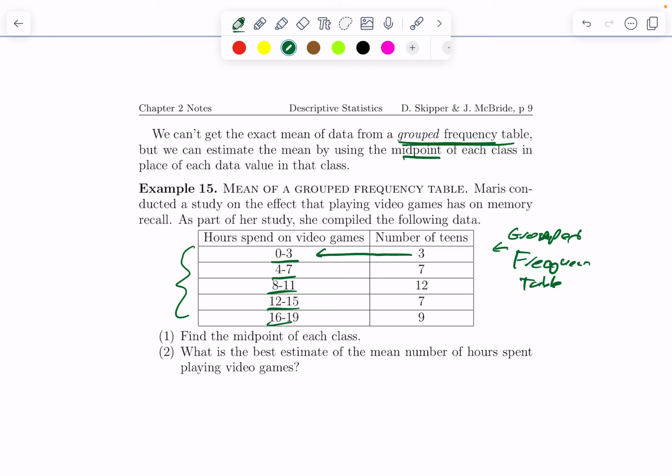And it probably came about from data like this. One person said 1 hour, another person said 2, and maybe another person said 1.5, for instance. All of those are between 0 and 3. And so they go into this bin, and there's 3 of them. Then 7 people gave various numbers of hours, and they all fell within this range.